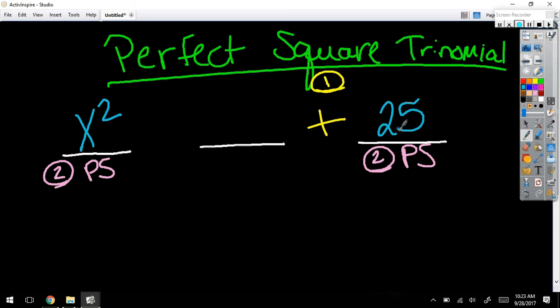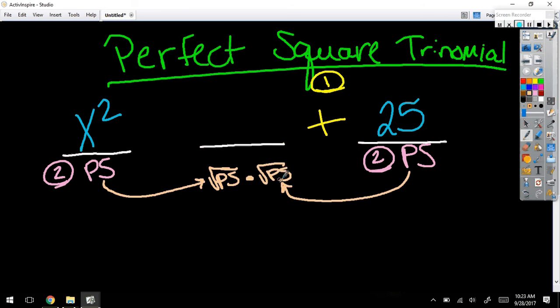Those 2 ends, do we agree, are both perfect squares? Okay. The middle term, here's where it gets hard. You have to check to make sure that the middle term is right. If you take the square root of the first perfect square and the square root of the second perfect square, in this case, what's the square root of the first? x.